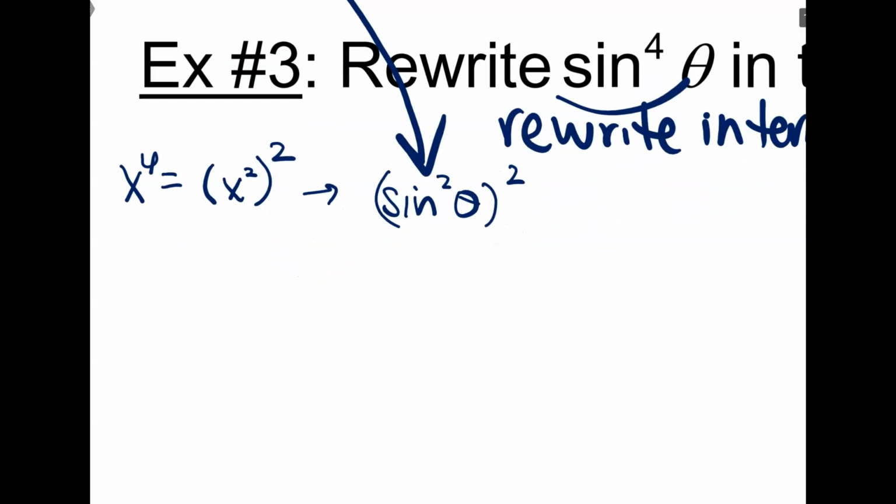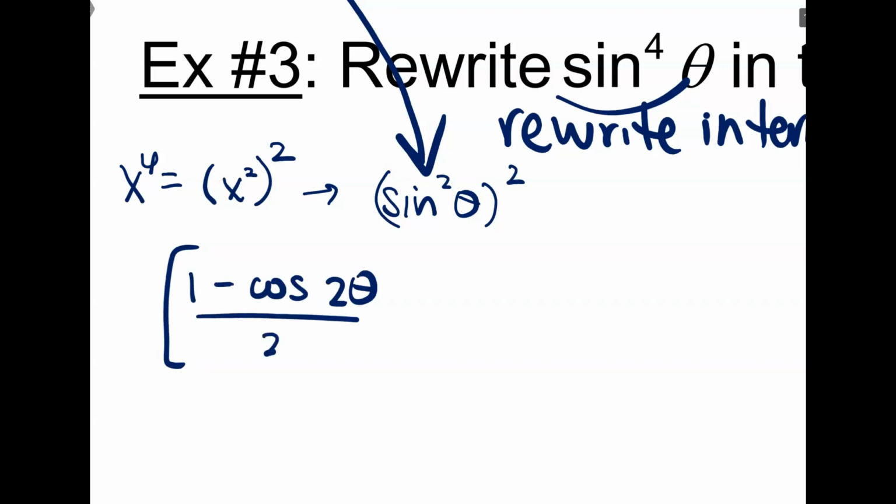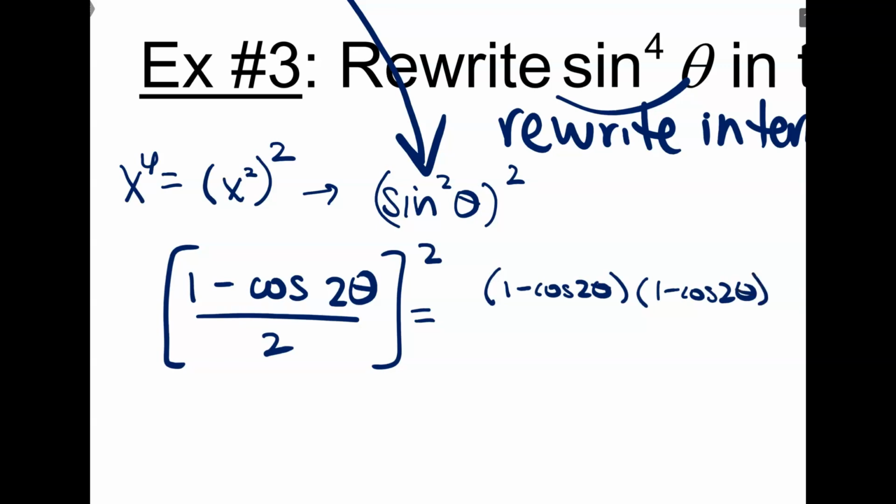So I'm going to have 1 minus cosine of my double angle all over 2. I put that in place of sine squared, but that has to be squared. So I have to multiply this by itself. The top is 1 minus cosine of my double angle, times 1 minus cosine of my double angle, because the bottom is really easy to square. 2 squared is just 4.